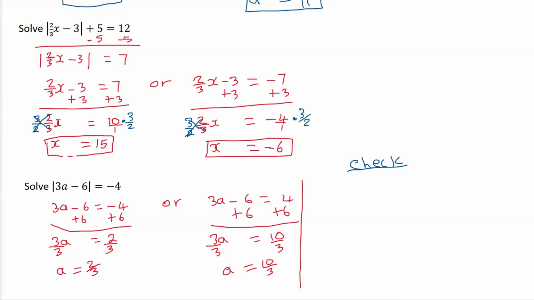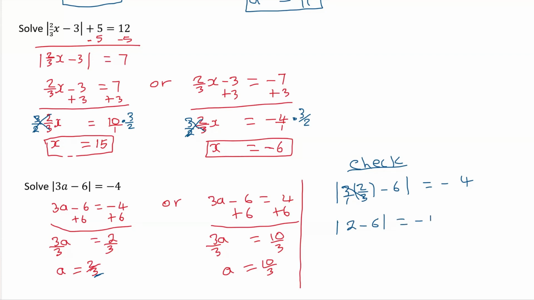So let's try that. If I take the absolute value of 3 times a, I will use the 2/3 as a. So 3 times 2/3 minus 6, is that equal to -4? If it is, then 2/3 is the solution. And if it's not, 2/3 is not the solution. So we proceed. If we multiply 3 times 2/3, then the 3 gets canceled and you're left with the absolute value of 2 minus 6.